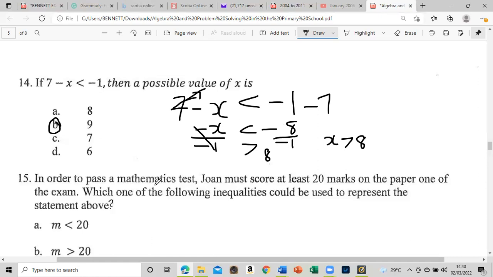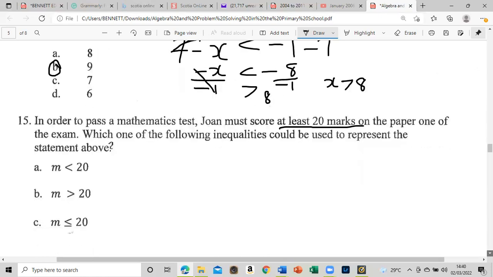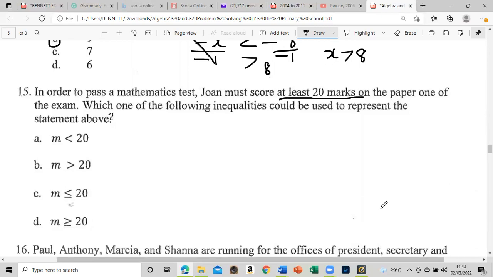So the minimum you can do is 20 marks. So you can score 20 and pass, and you can score above. So that would be greater than or equal to. See, at least 20, at the least. So you can score 20 and more. So that would be D.